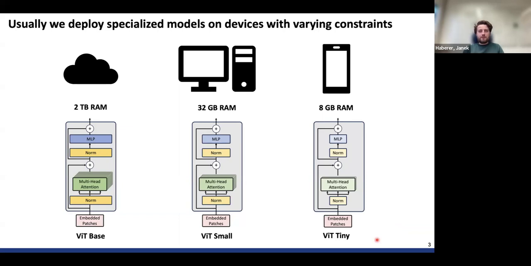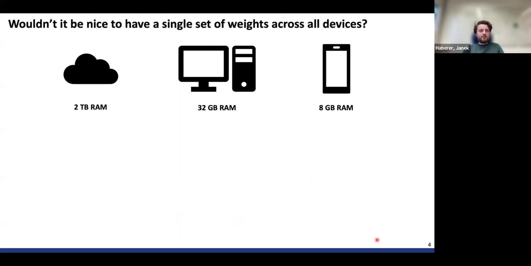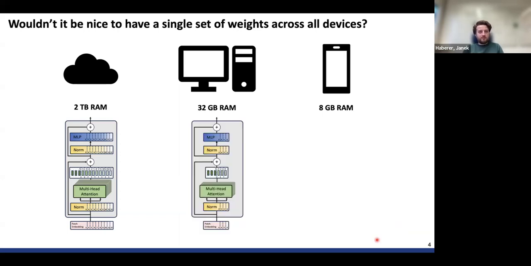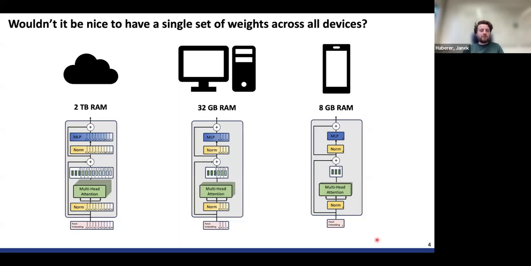But wouldn't it be nice if we could train one single, large model, and then deploy subsets of it on smaller devices? So we train one large model in a way that we can extract smaller models and deploy them on smaller devices, instead of training one specific model for each constraint.